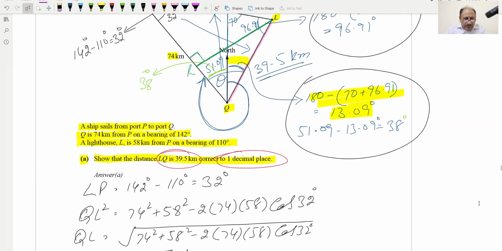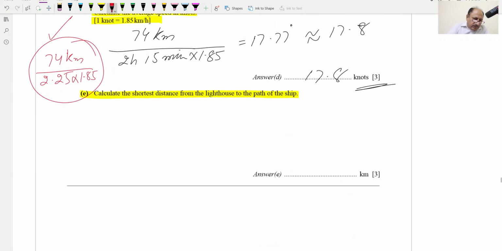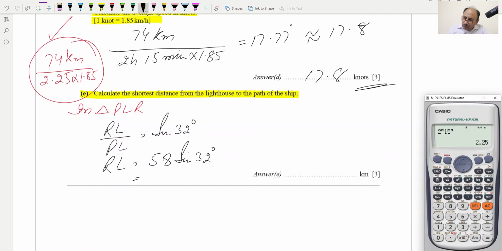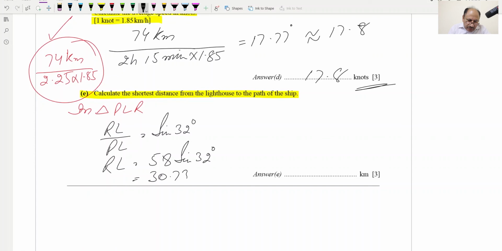So in triangle PLR, we can write sine theta is equal to RL over PL is equal to sine of 32 degrees, and RL will be equal to, PL is 58, so 58 sine of 32 degrees, and this will be equal to 30.735.